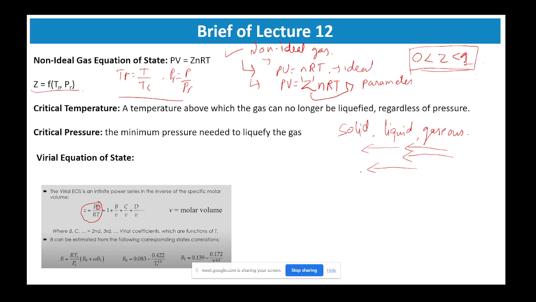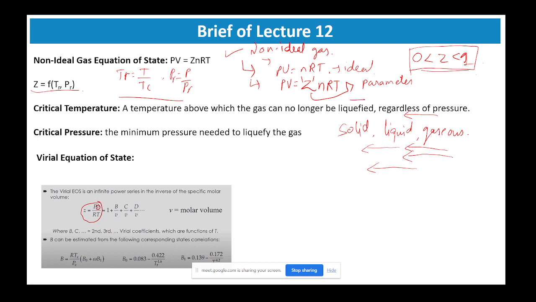Now there comes one temperature at which gaseous molecules are so far away that you are no longer able to identify the gaseous molecules. And if you further increase the pressure, because increasing the pressure liquefies the gas, now if you still keep on increasing the pressure, then there will be no liquefaction.